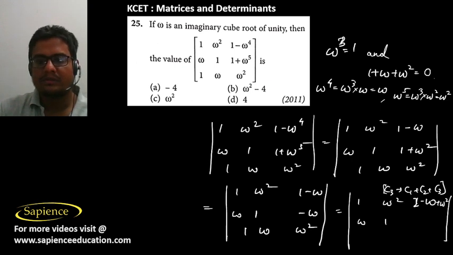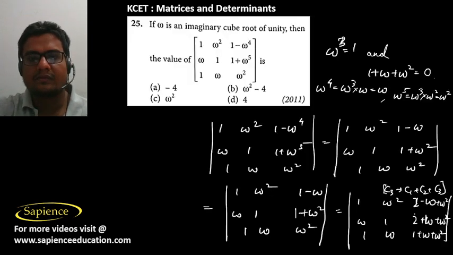And here also this will be 1, this will be 1, so this is actually 1 plus omega square, so this will be 2 plus omega square. This will be 1, omega and this will be 1 plus omega square.